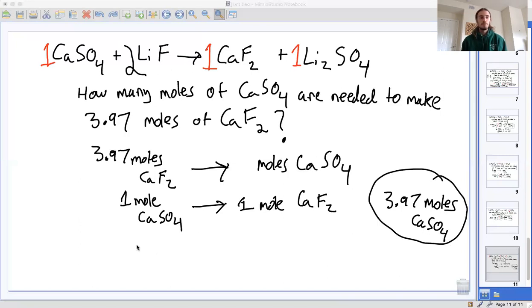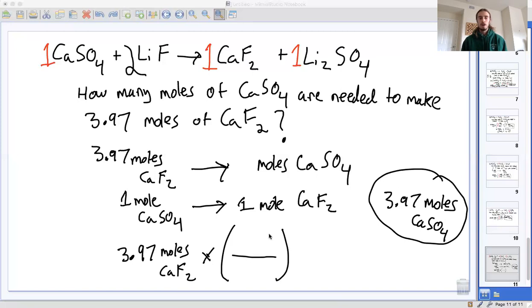And I can prove it with the conversion factor. 3.97 moles calcium fluoride. You multiply by a ratio of the coefficients. So calcium fluoride on the bottom, calcium sulfate on the top. This is going to give me moles of calcium sulfate.